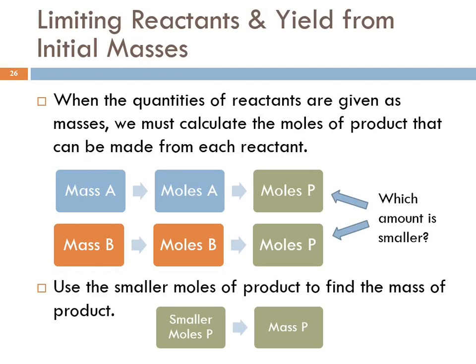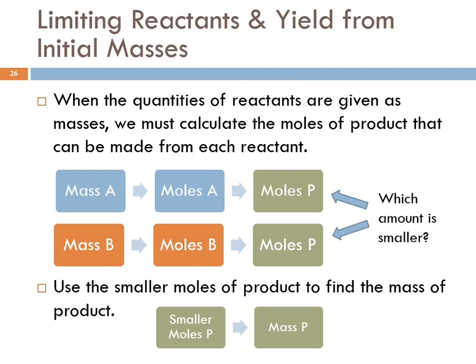Well, we can do this with masses of chemicals as well as numbers of molecules. And there are different approaches to solving these problems. The way your book approaches it is they say, well, you're given a mass of A and a mass of B. Convert to moles and then to moles of product and stop there and ask yourself which is smaller.